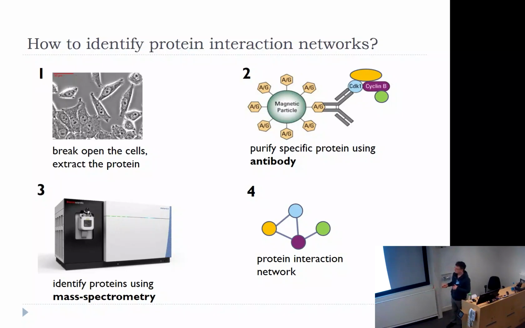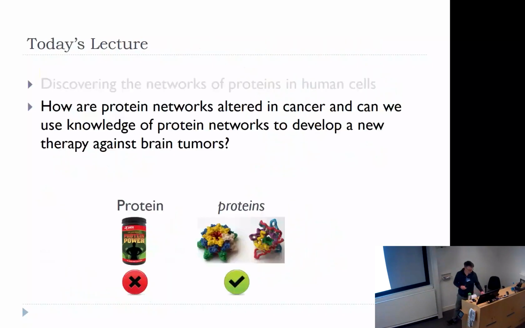We use something called a mass spectrometer to identify all of the proteins, to tell us which ones are in this group of proteins, and that allows us to construct these protein interaction networks. And actually this is a very, very powerful set of technologies or tools, if you like, that allows us to do lots and lots of these experiments and build out these network models that we think are really important. Okay, so that's kind of the theory.